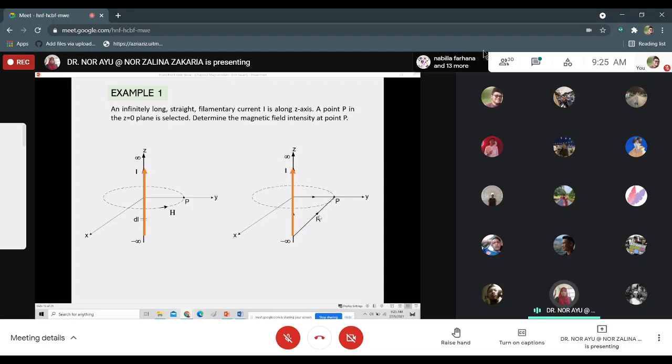Okay, and then how to determine what is R? So R will be the other direction to the observation point. So kalau tadi kita punya direction is from here to here, so the other direction to the observation point is from here to the origin and towards the point of observation.